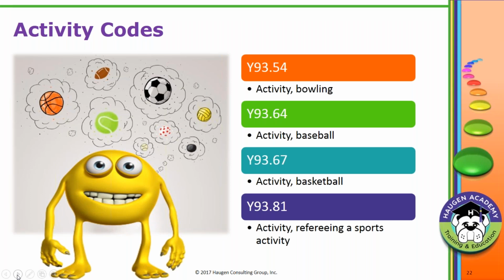I personally, with raising two boys that were baseball players through high school and also collegiate baseball players, both of them could have used this code many times as they were transported off to the hospital or the clinic. Basketball, there's even the Y93.81, the activity refereeing a sports activity. So you name the activity and I bet you can find it in the ICD-10 Chapter 20 area.